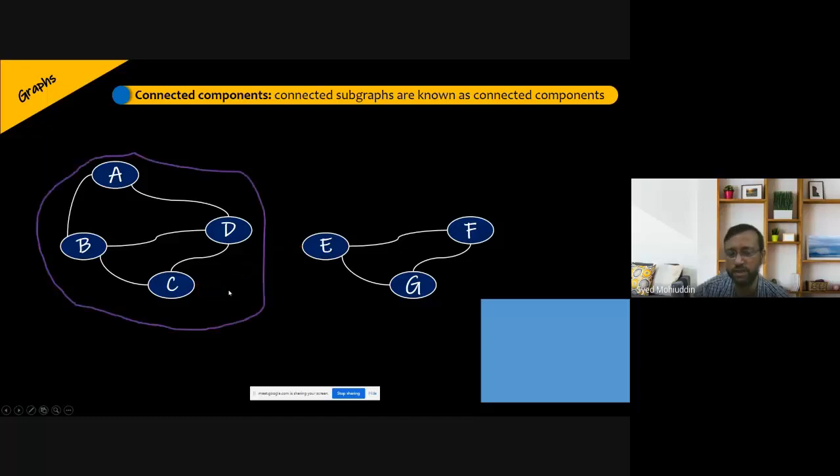If I remove this edge from C to E, there will be 2 subgraphs, 2 components of the same graph. So because of that edge, these 2 are connected components of the graph.